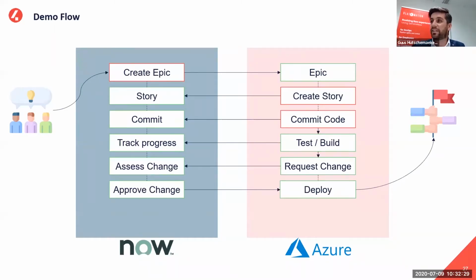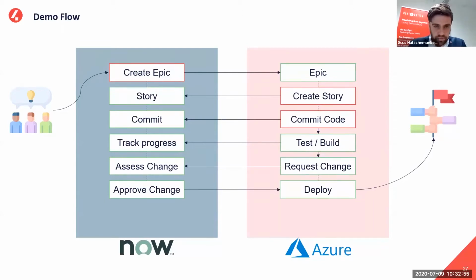And when the code changes are made and committed, all that information is tracked back in ServiceNow. When we get to the test and the build steps of the pipeline, the progress of that can be seen in ServiceNow. And at the point where the change is requested, ServiceNow will automatically assess that change and approve it if possible. Then the deployment will be automatically made and the value is delivered.